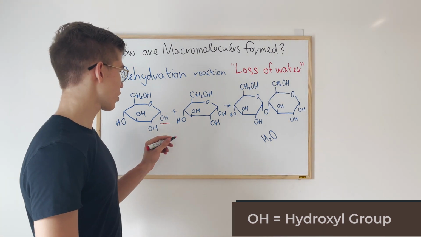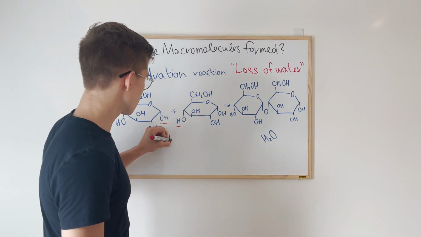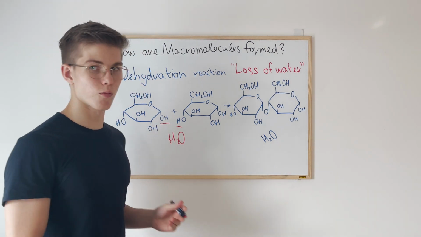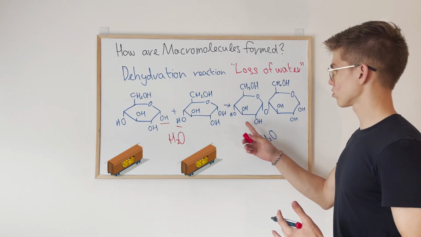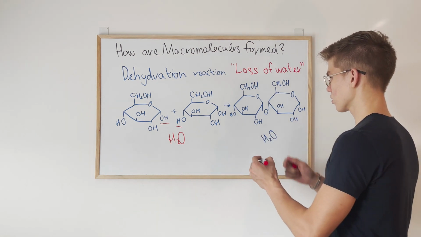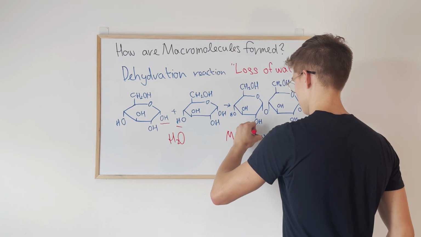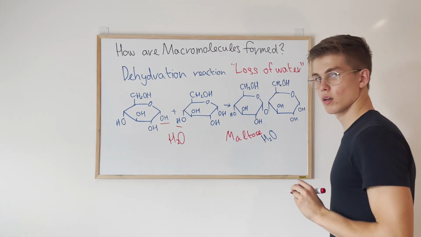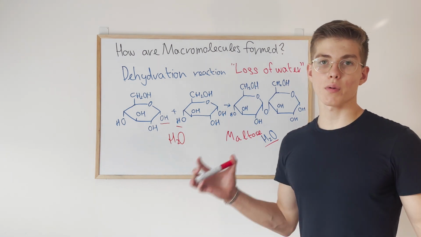And the second one gives its hydrogen to form a molecule of water. And this allows two molecules of glucose to combine together, forming a maltose molecule. This exact reaction happens in all types of macromolecules.